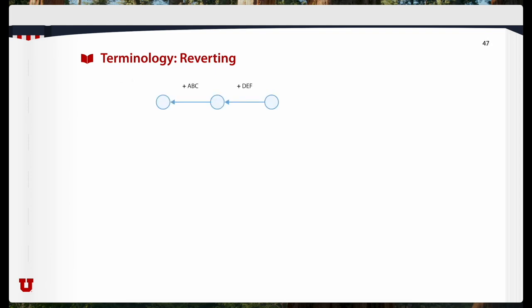So in practice, what does this look like? Let's say we have 3 commits and we want to revert back to the first one. I use the word revert there a bit loosely. Really what we want to do is revert 2 commits to get back to this original commit on the far left here.